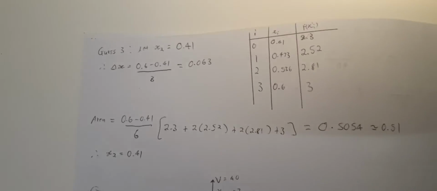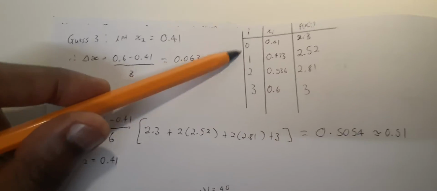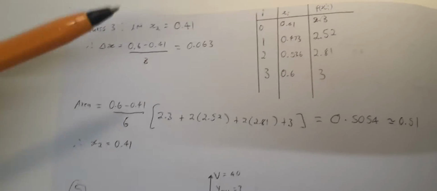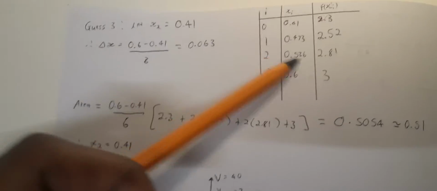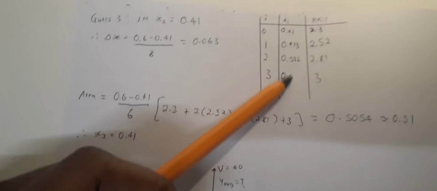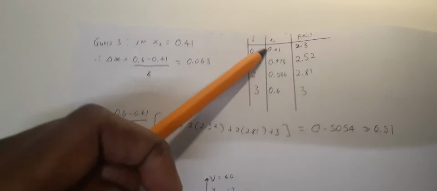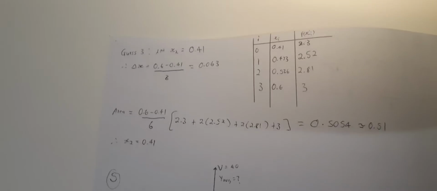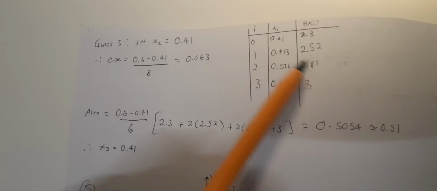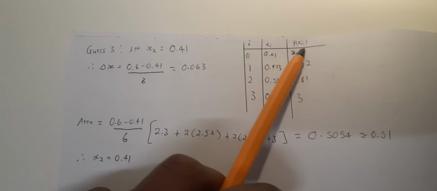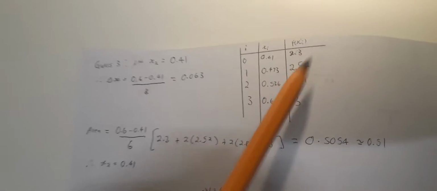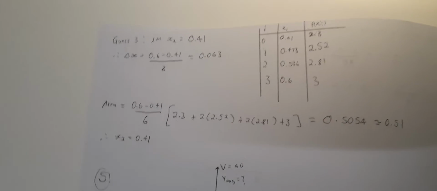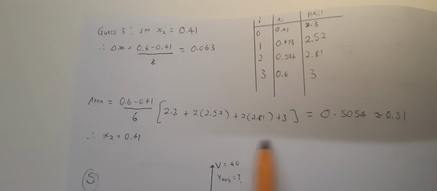By following the previous steps, we find delta x first to be 0.63, and use it with the second equation to find the xi values from x0 to x3. After finding these values, I went to the graph. I didn't have graph paper, so I used Excel to find the f of x values and the y values.